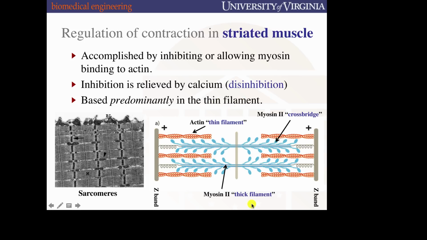So let's look really quickly at some of the anatomy of a striated muscle. The primary force-generating unit is known as the sarcomere, and it's comprised of a Z-band, described on the two ends here, these dark regions, and an M line, which is this central line.